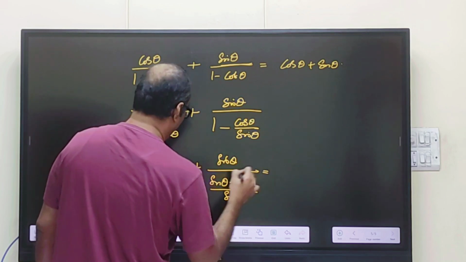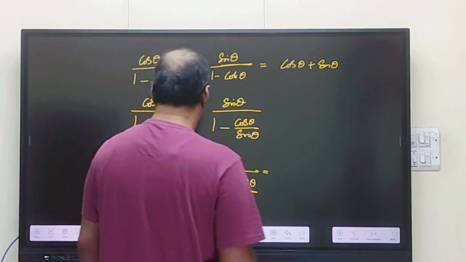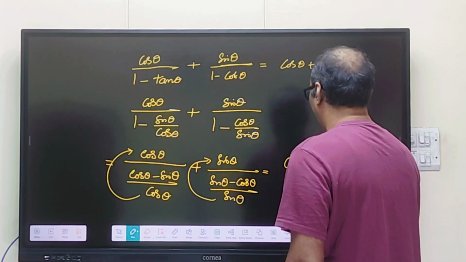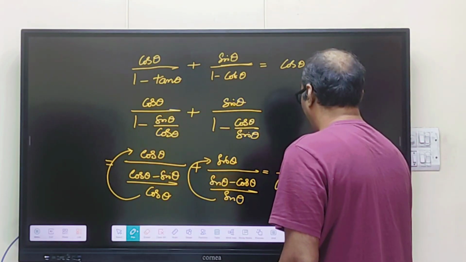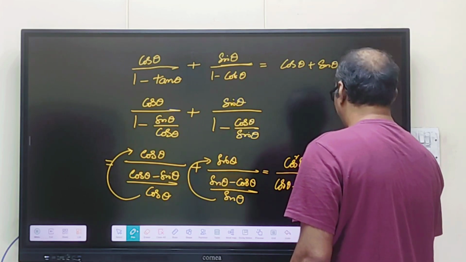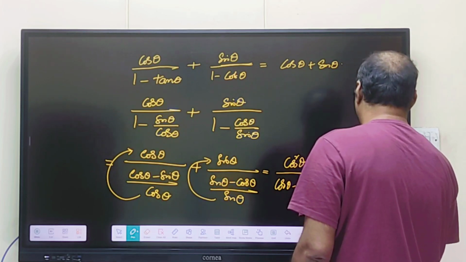Now let us simplify that. We will take cos theta to there and sin theta to there. Then it will become cos square theta divided by cos theta minus sin theta plus sin square theta divided by sin theta minus cos theta.